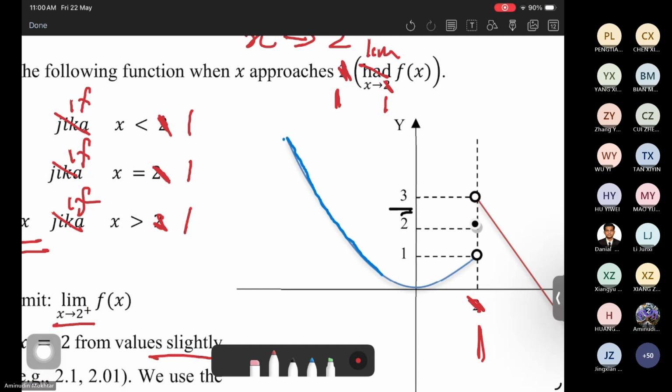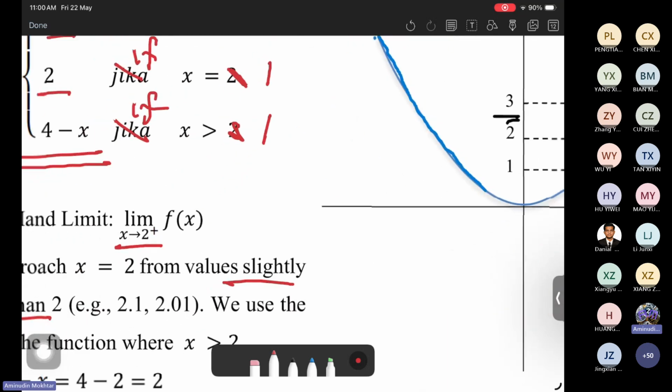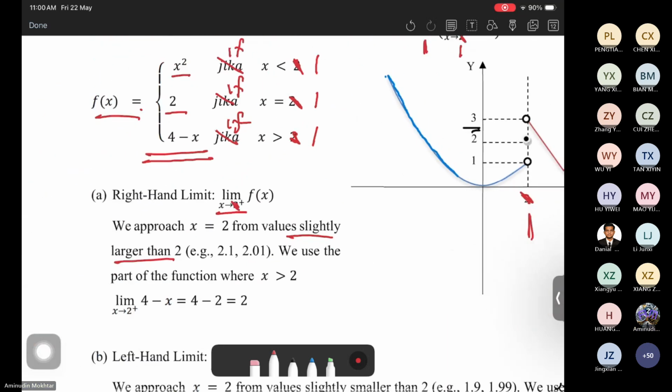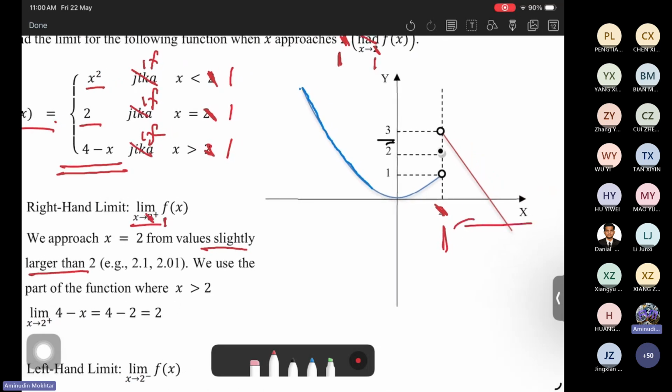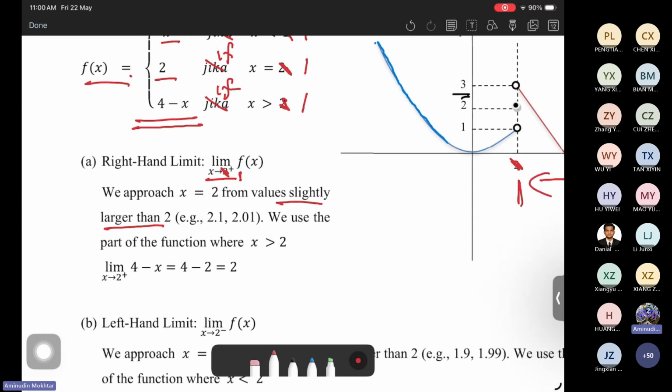Okay. When x approaches 1 from the right, meaning that x approaches 1 from values slightly larger than 1, maybe 1.1, 1.001, and so on, we use the part of the function when x is greater than 1.